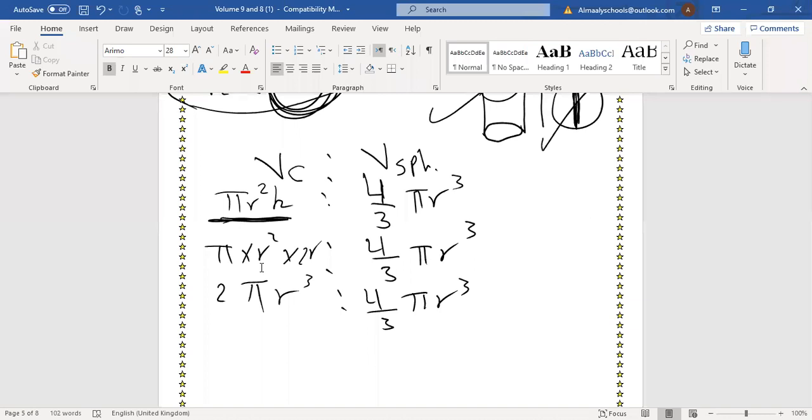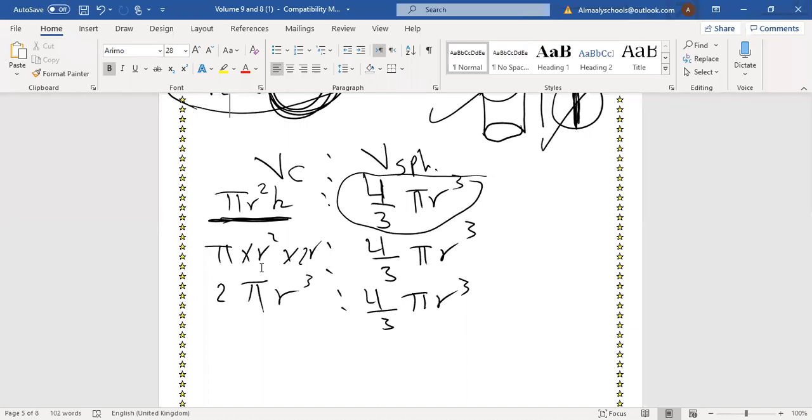No. And the volume of the sphere equals 4/3 pi r cube. Any problem? No. This is the rule of the volume of the sphere, 4/3 pi r cube.